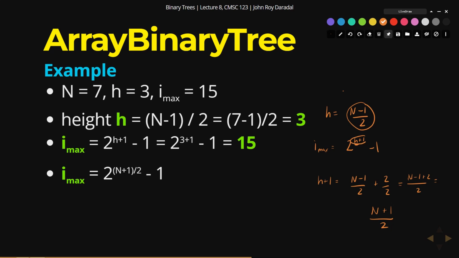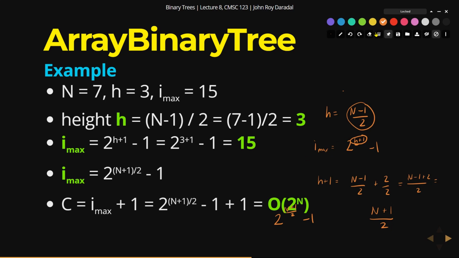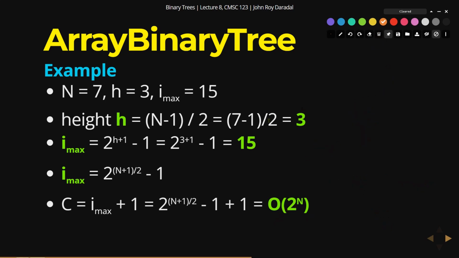So this whole thing could become 2 raised to n plus 1 all over 2, then minus 1. So that's why you have this one here, n plus 1 over 2 minus 1. Remember that our capacity was computed as I max plus 1, right?